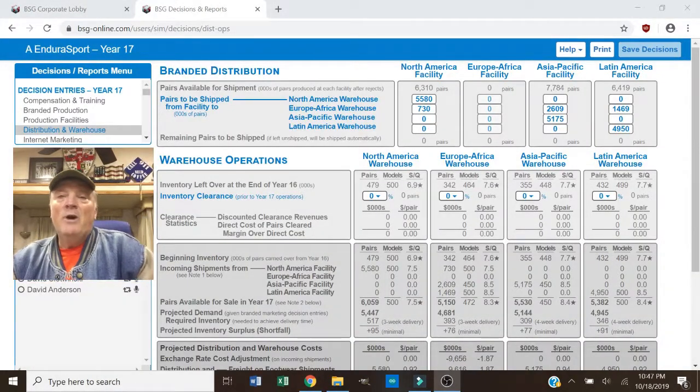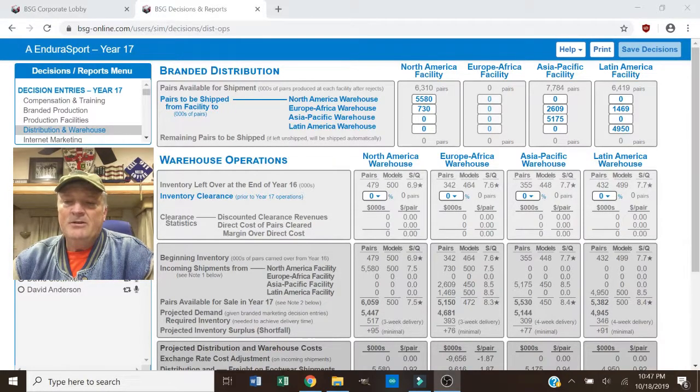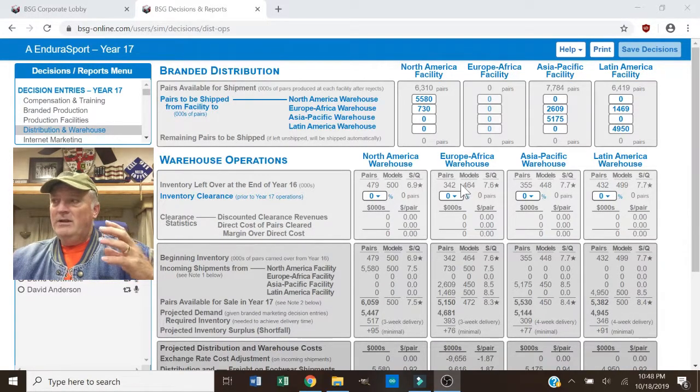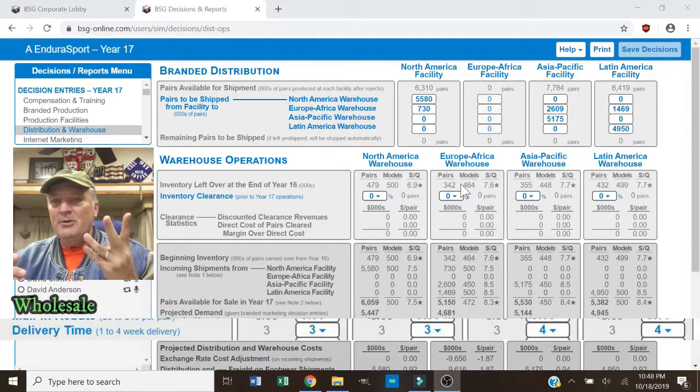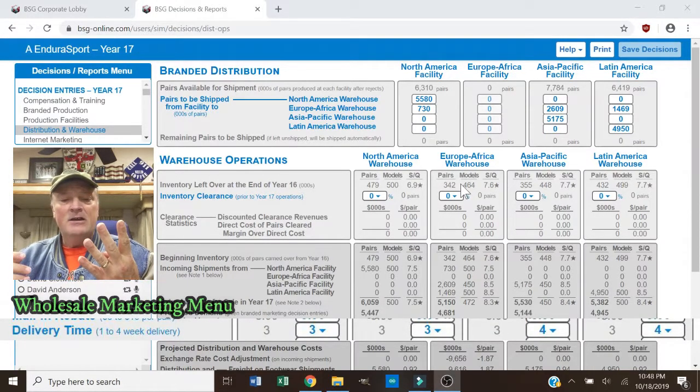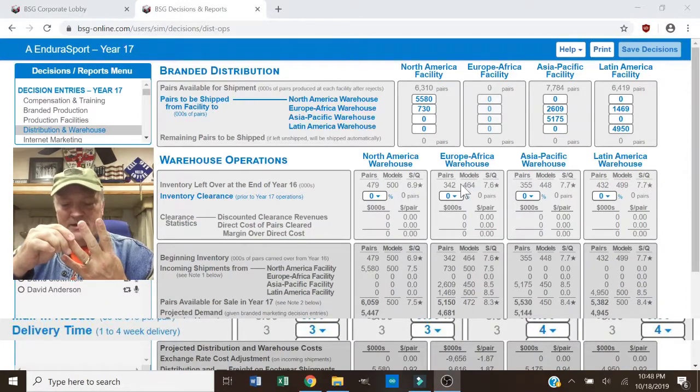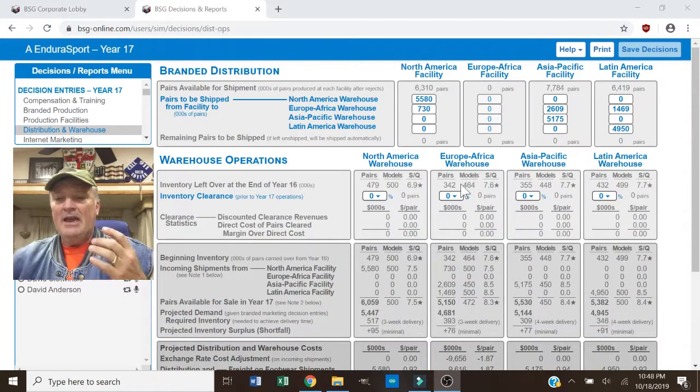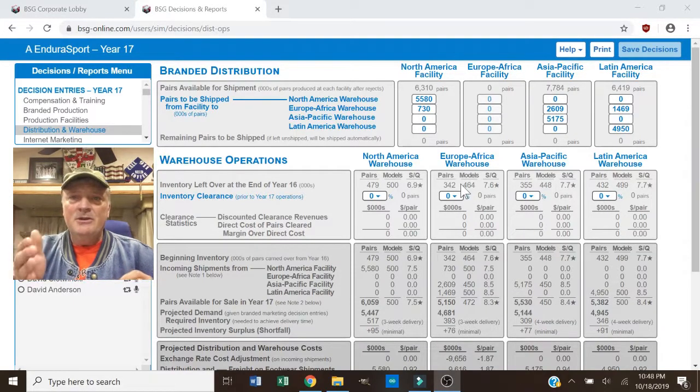This brings us down to warehouse operations. And if we go to the North American plant, I know that I have 479 pairs of shoes. Over here in Europe, I've got 342, etc. Now, the reason why I have this surplus of shoes is because when I chose either a 1, 2, 3, or 4 week delay in delivery, I've chosen a 3-week delay in delivery, and it requires greater amounts of shoes to be stored in the warehouse the lower that you go.